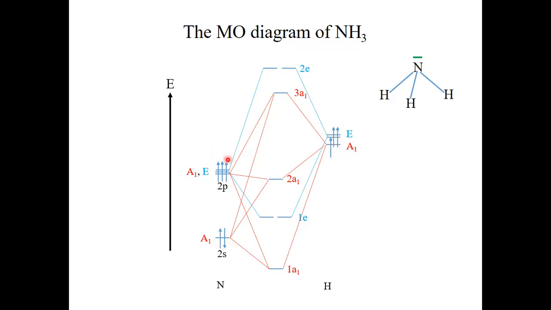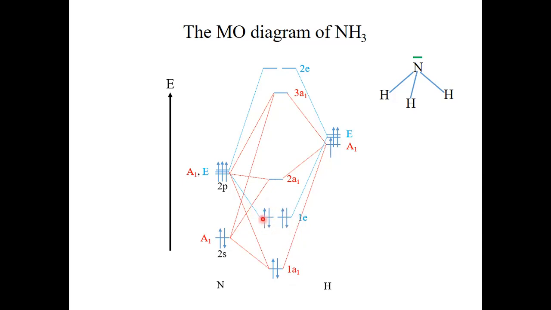So if overall 5 plus 3 is 8 electrons, and these 8 electrons must now go into the 4 molecular orbitals of the lowest energy. So that would mean that we would have to fill the 1A1, we would have to fill the 1E1s.